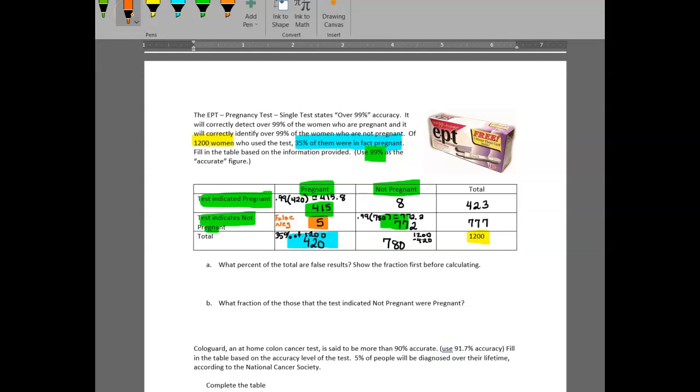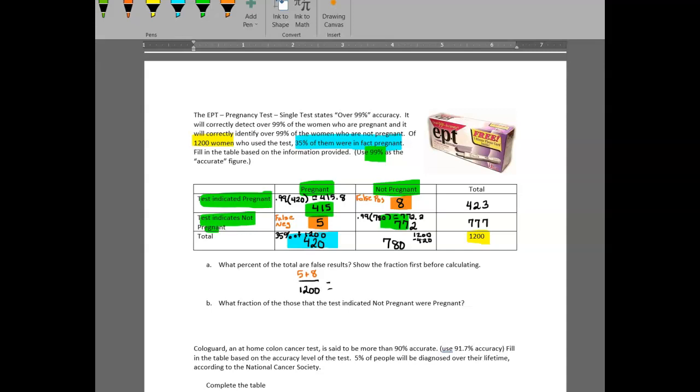We had 8 women that were told that they were pregnant, yet in fact they are not pregnant. So that's a false positive because they were told yes when in fact they are not pregnant. So the total number of false results are 5 plus 8 out of the total, which is 1,200.